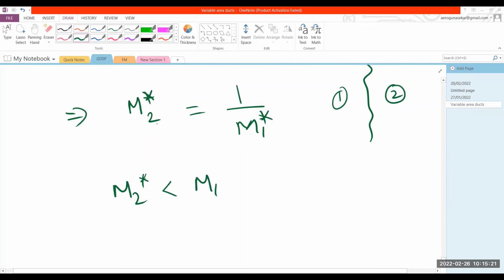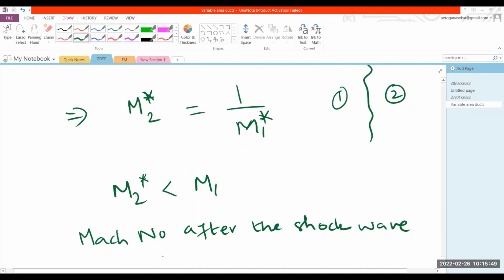Another understanding is this: if the inlet Mach number is supersonic, then the exit Mach number, meaning the Mach number after the shock wave, will always be subsonic.